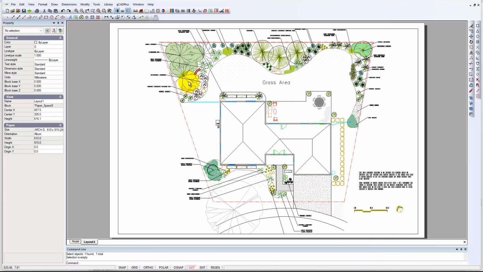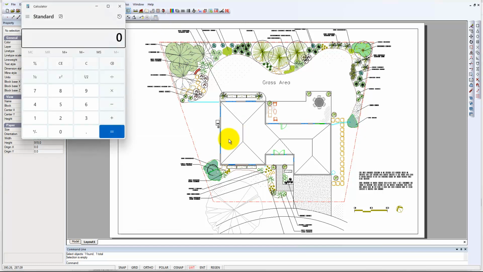You have a floating calculator. And so if we take 240 now and divide it by the distance we just measured, which was 3.75, we get 1 over 64.